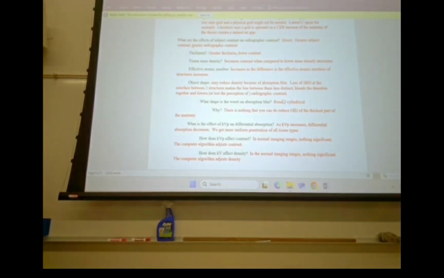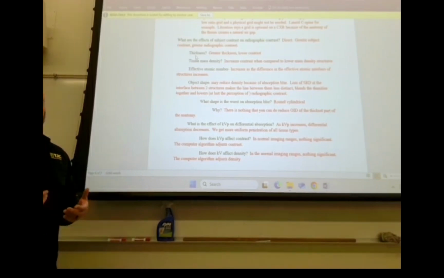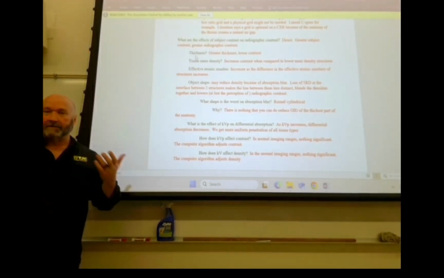All of that is controlled by those things we were talking about before. Primarily tissue mass density and effective atomic number, but thickness does play a part as well. If you have a structure with a lot of soft tissue, you're going to have a gray image. Think of your knee versus a KUB. In a knee, you've got three great big bones and one small bone, the patella, and you get an image with very high contrast.